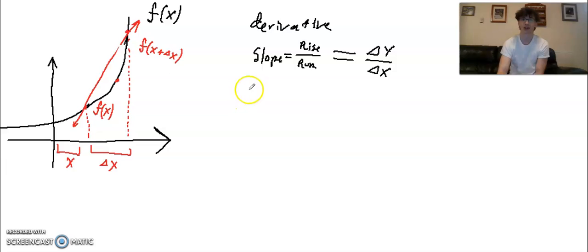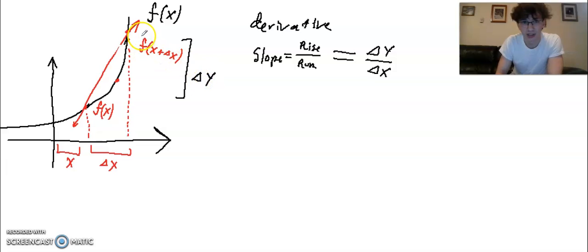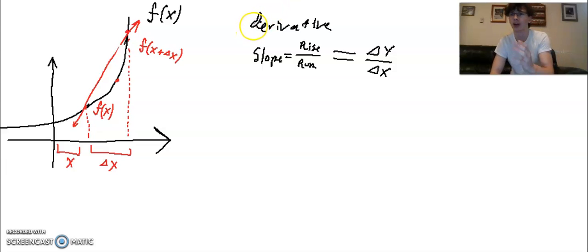And remember, this is our change in y, this is our change in x. So what we want to do is find the slope. But not quite the slope of a secant line, but actually a slope at a singular point right here.